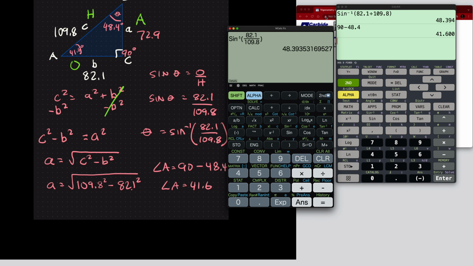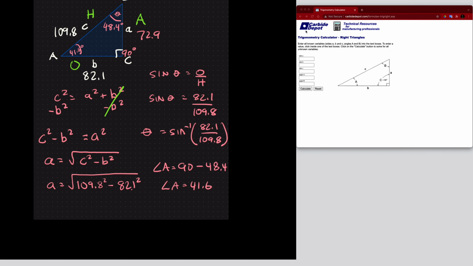Now we want to double check that everything is good here. What did we originally state? We said that C was 109.8 and side B was 82.1.